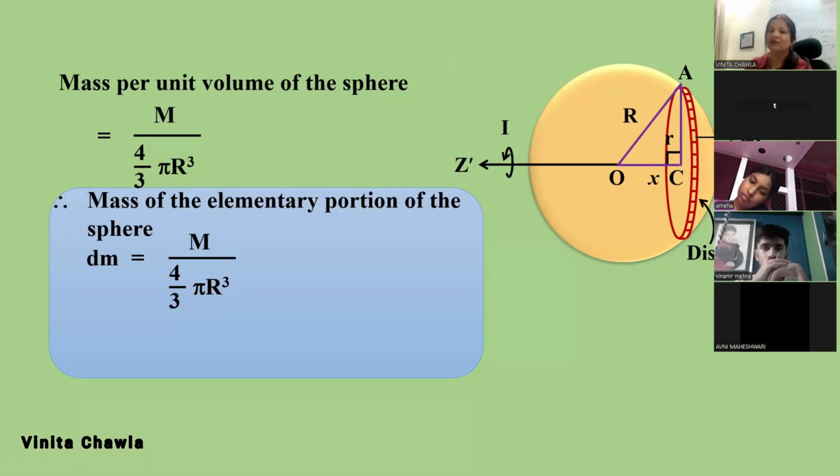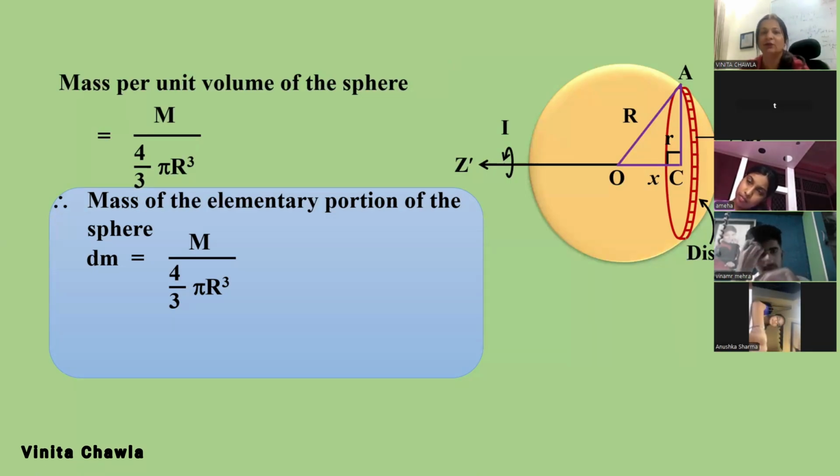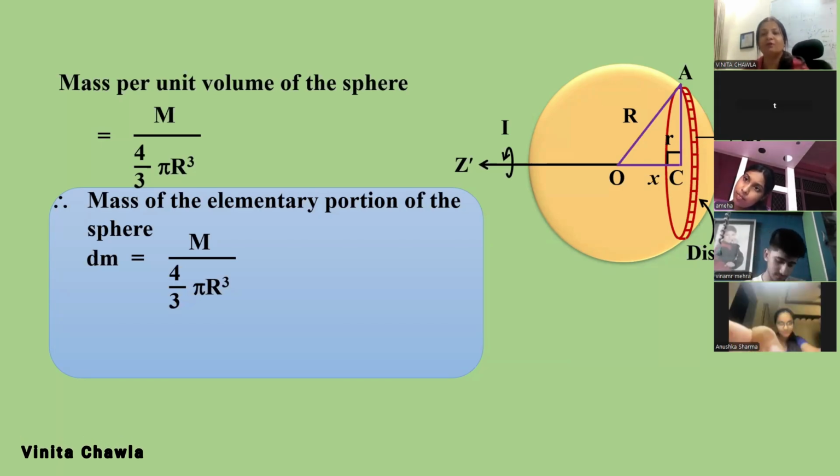Therefore we find mass per unit length, volume or area depending upon the thing we are taking. If we have a uniform rod of negligible thickness, we take mass per unit length. For a ring, mass per unit length. For a disc, mass per unit area. For a spherical shell, mass per unit area. But now we have a solid sphere, so we'll take mass per unit volume.